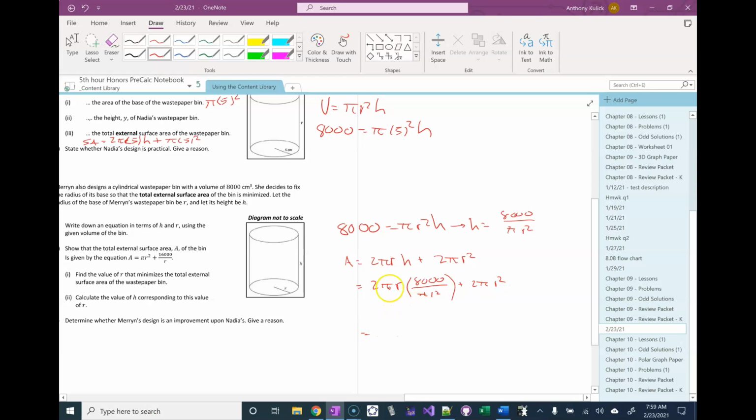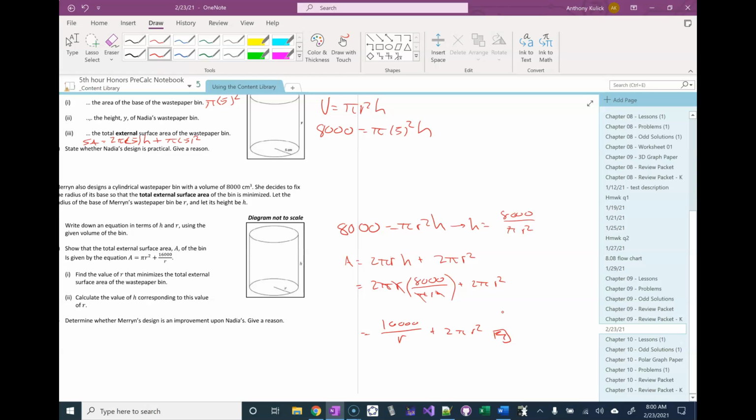When I do that, that r cancels that r, that pi cancels that pi, and then 2 times 8,000 is 16,000. And that's exactly what I was trying to get to. So far, so good?